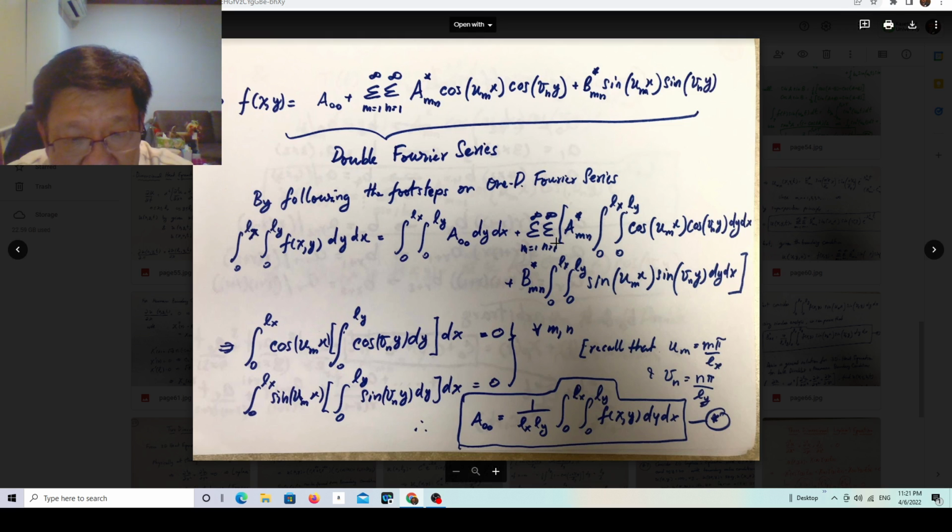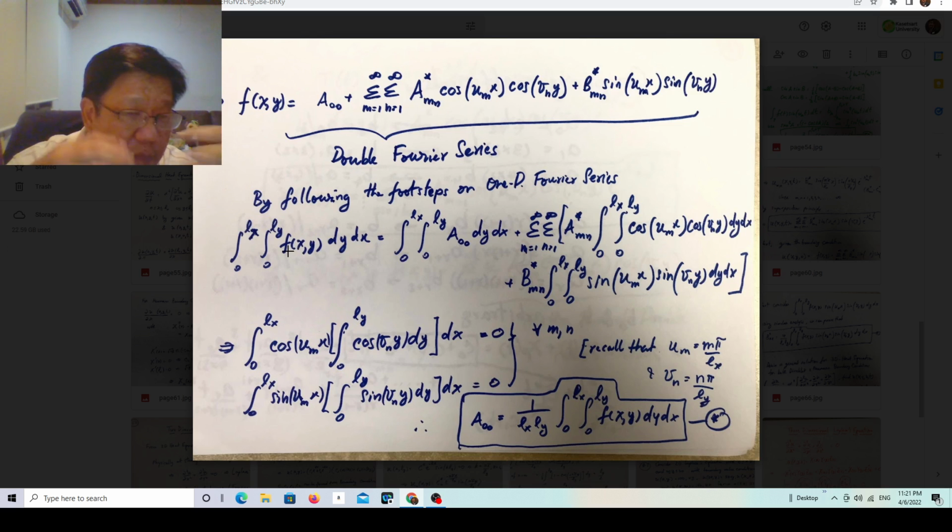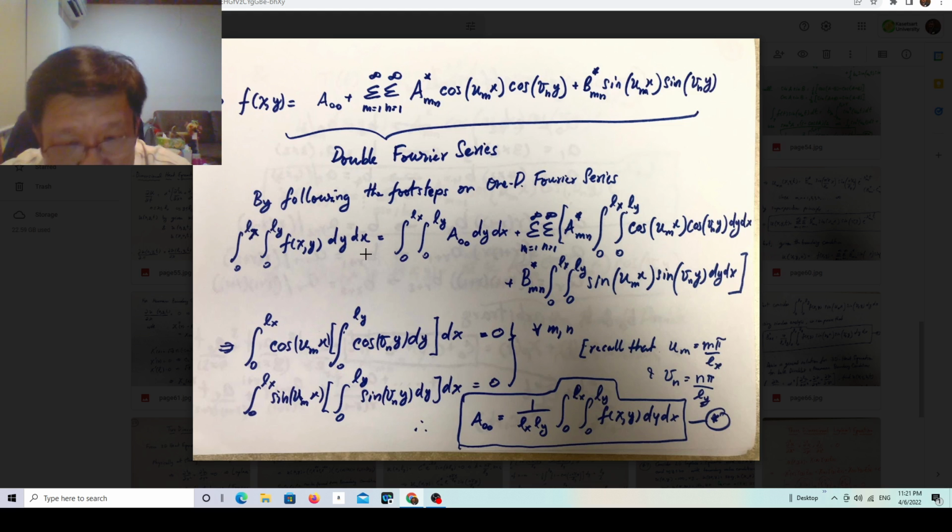So it means that this term over here, if the function of x, y satisfies the periodic nature just like in one dimension, but this one is a little bit more complicated because it's a two-dimension case. In one dimension you can say that it's going to repeat itself, but in two dimensions it has to be periodic corresponding to each domain.